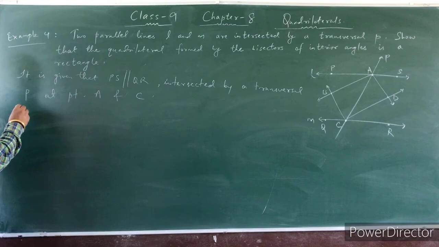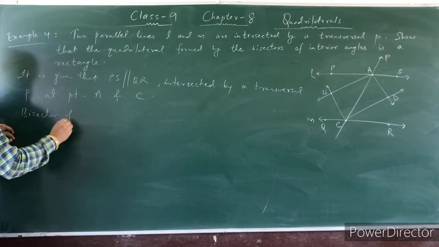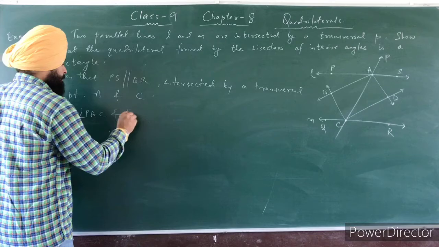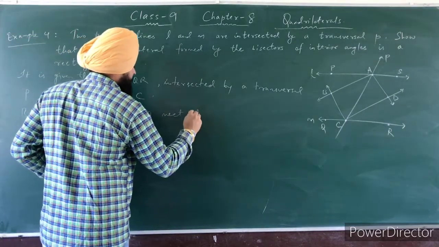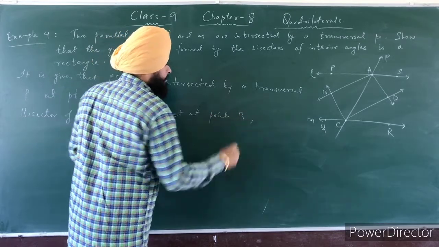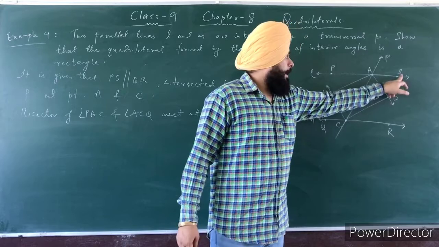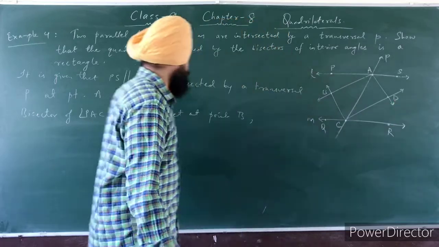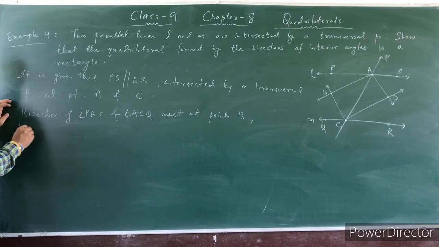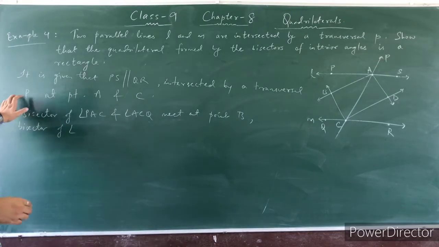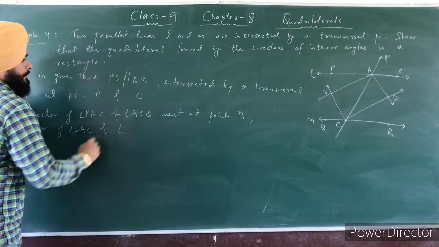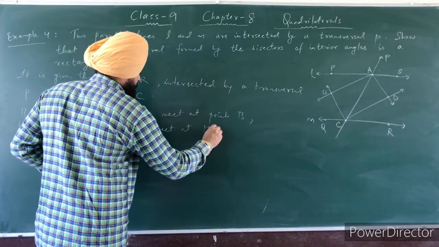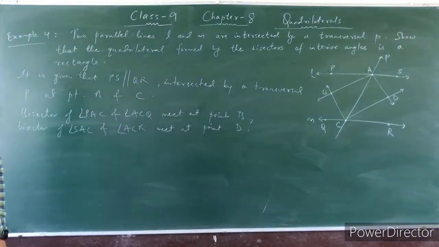So you can write here: bisector of angle PAC and angle ACQ meet at point B, and further the bisectors of angle SAC and ACR meet at point D. Clear students?